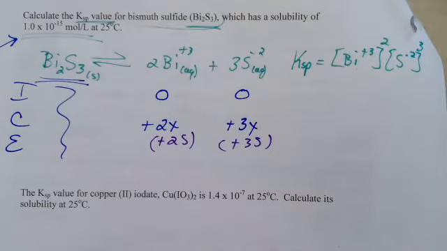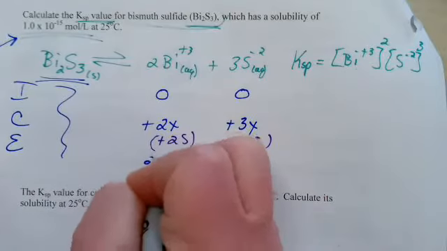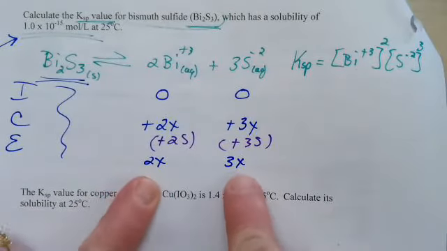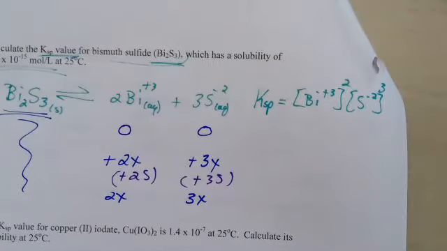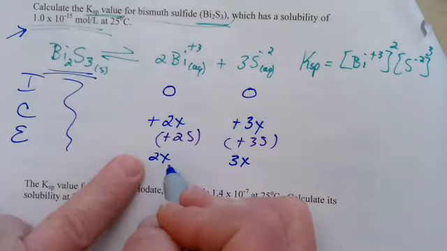Okay, so it's either then that I have 2X and then 3X. We are given our solubility, so we're given our X. At this point, it's up to you too, where you want to go from here. I know a lot of students like, because we're given the solubility, to go ahead and plug this in here.